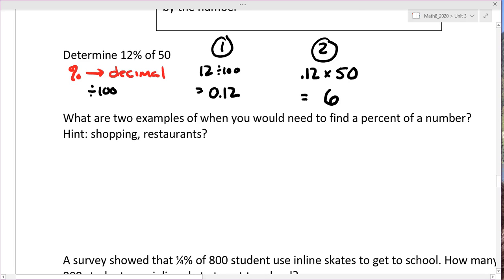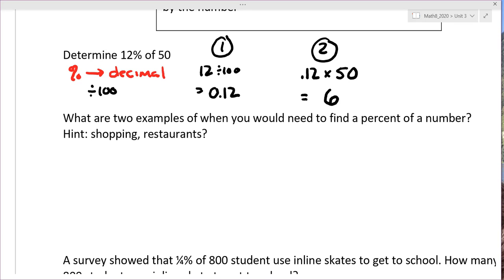Okay, so now doing this calculation actually is quite common in everyday life. Can you think of 2 examples for me? Provide me 2 examples where in everyday life you would need to find the percent of a number.